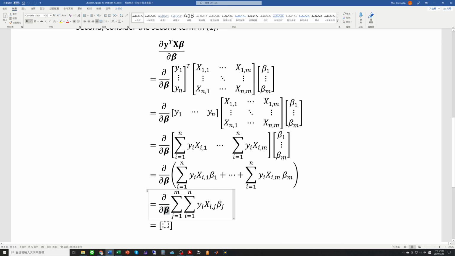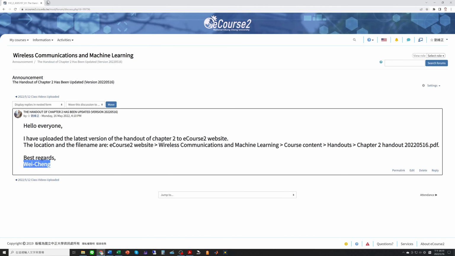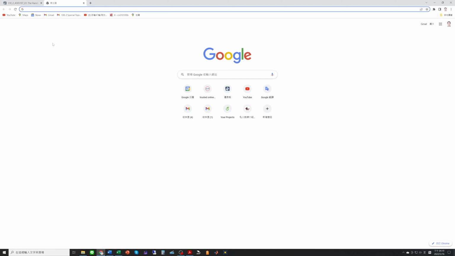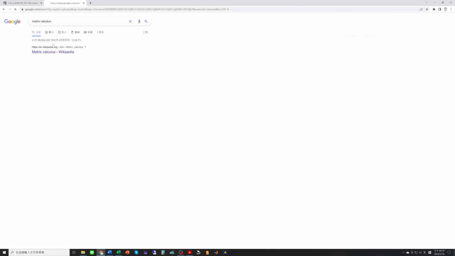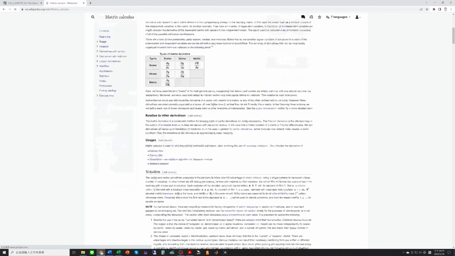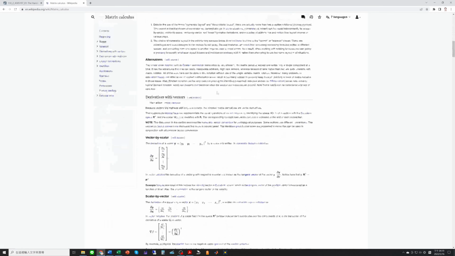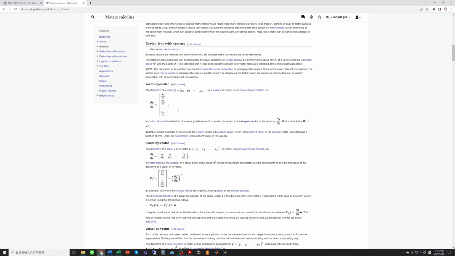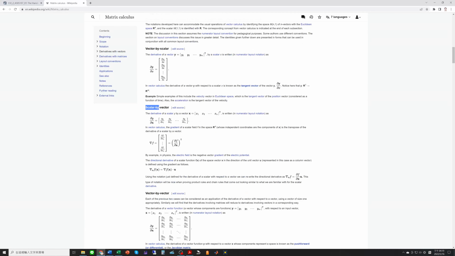So how to compute the partial derivative of a scalar to a vector? This is about the topic matrix calculus. Let us see. A scalar by vector.